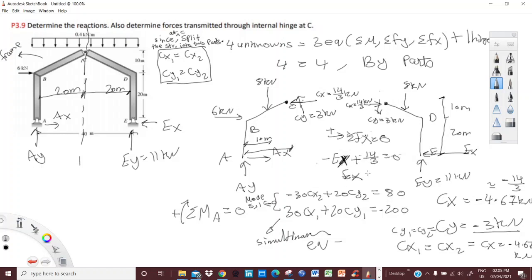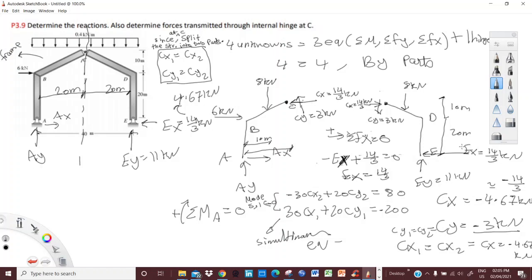Therefore Ex is equal to 14 over 3 kilonewton. Or you can say actually, instead of saying 14 over 3, let's say 4.67 kilonewton.